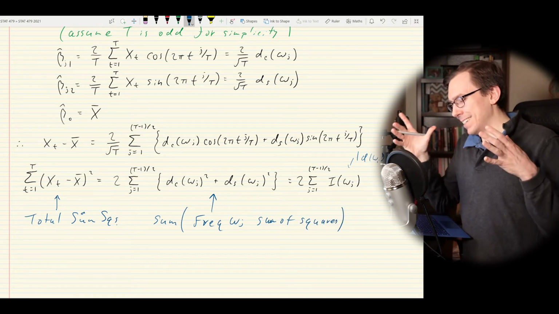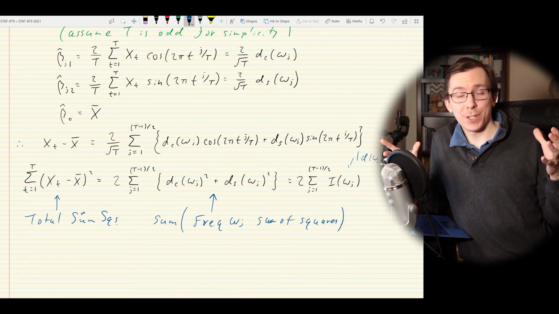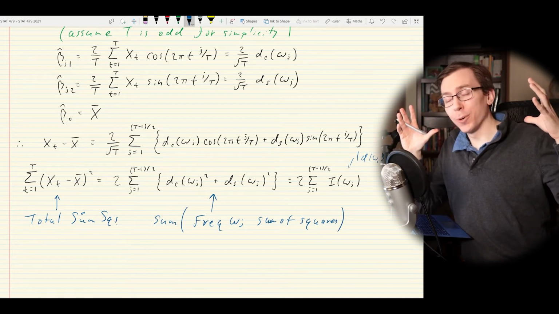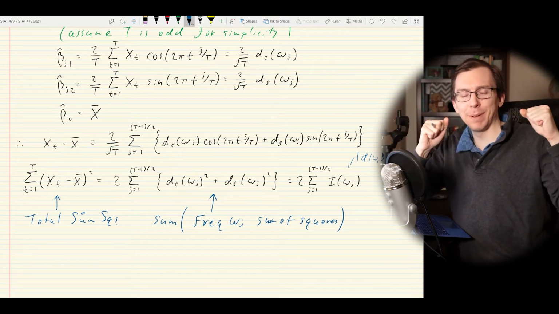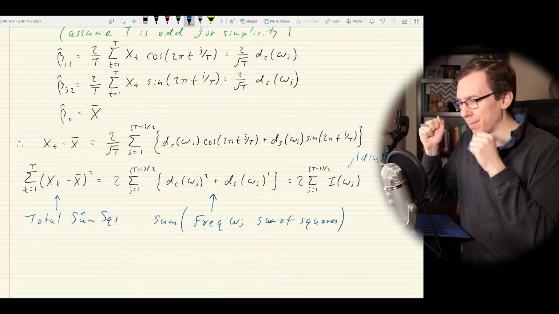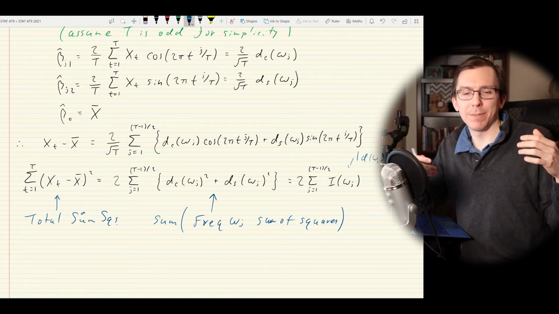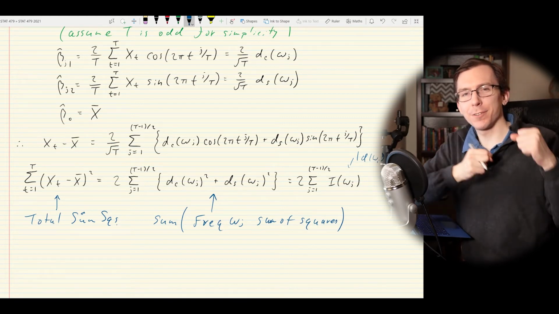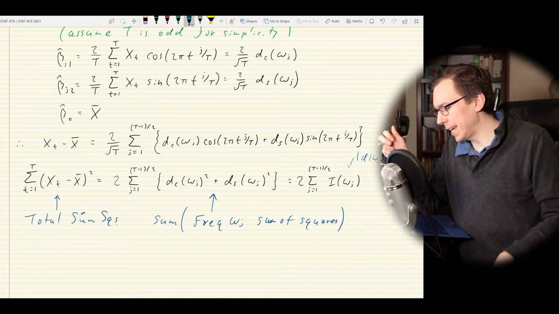So in a sense, this is really the same idea as ANOVA. In ANOVA, like I said before, just to repeat myself, we have a total variation or total sum of squares in our data, and we're breaking it into pieces. The piece coming from the treatment, the piece coming from the errors. Maybe we have more than one treatment in our design, then we might have the variation with treatment 1, the variation with treatment 2, and then the errors, the unexplained variation.